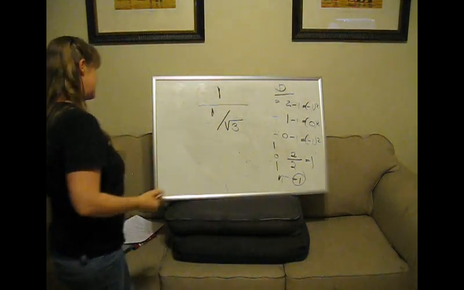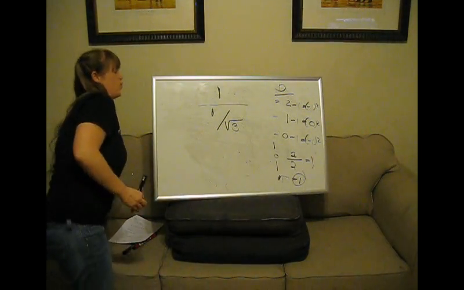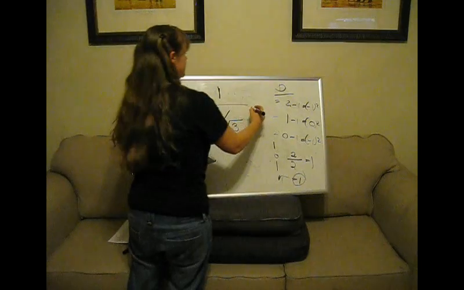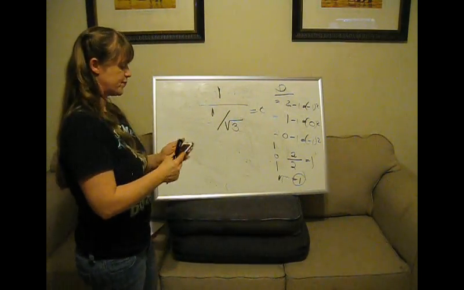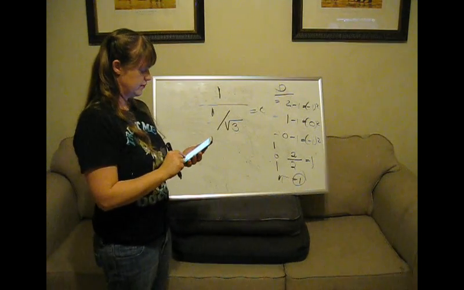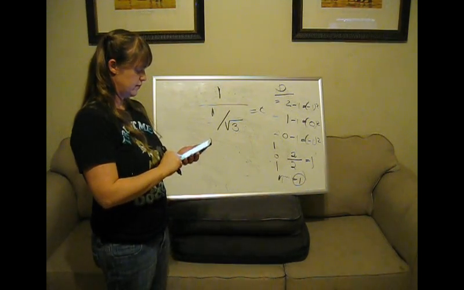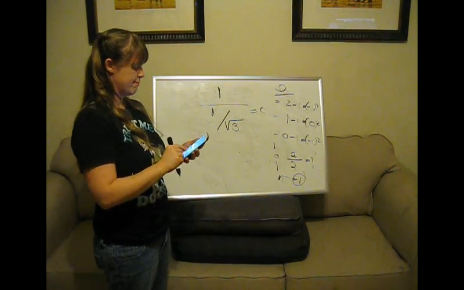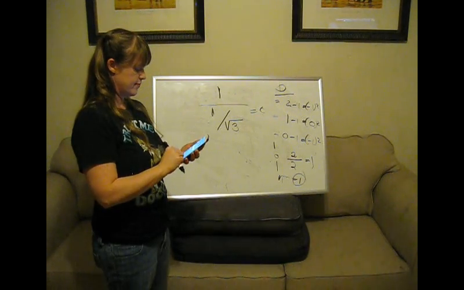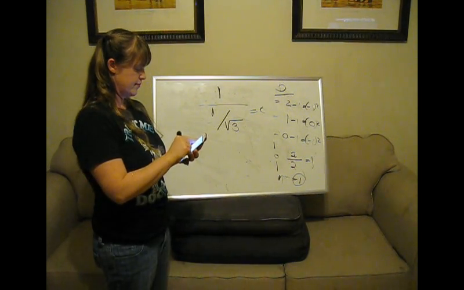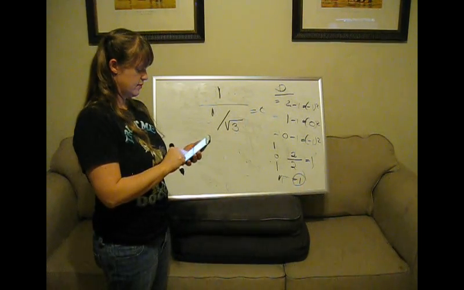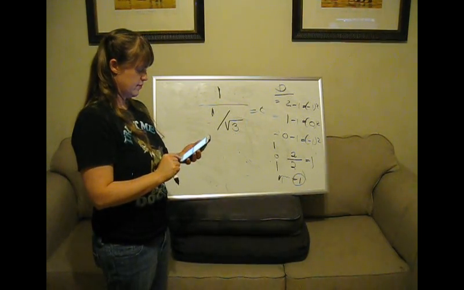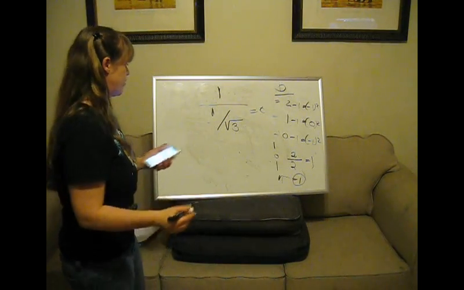So to get my t-test then, I take the square root of 3 first, order of operations. That's 1.73.